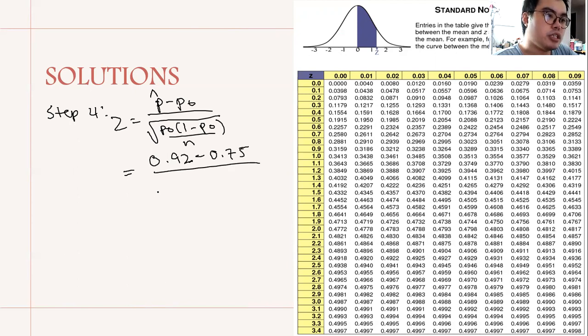Then what we are going to do is multiply 0.75 with 0.25, then divide by 250.